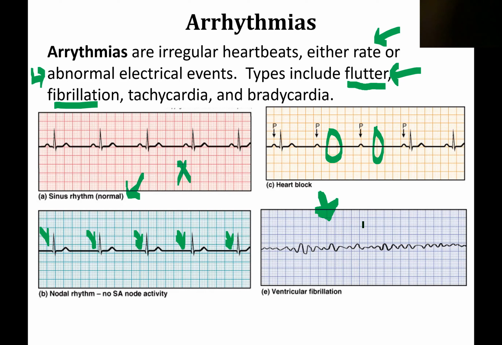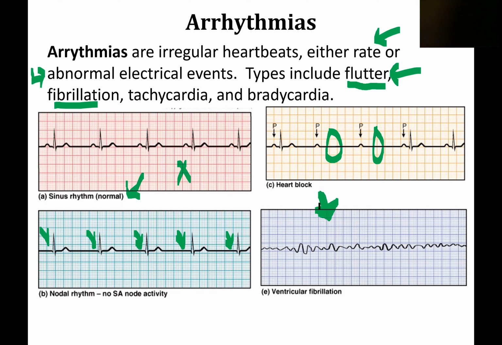Atrial fibrillation, which is not what we see here, is when the atria are basically in a spasm. A lot of times this can be caused by trauma. If someone's in a concussive event, like an explosion or in a car accident where they stop really suddenly, that can damage the heart long term.